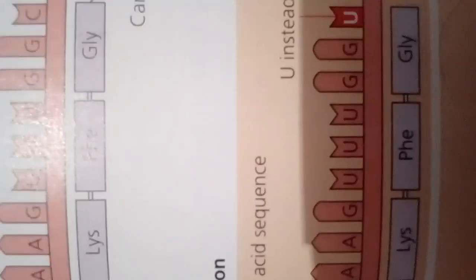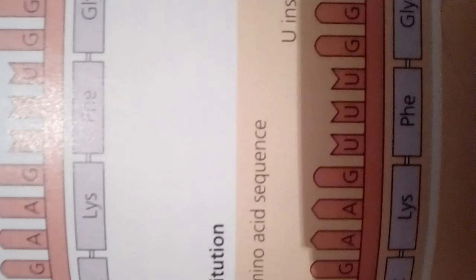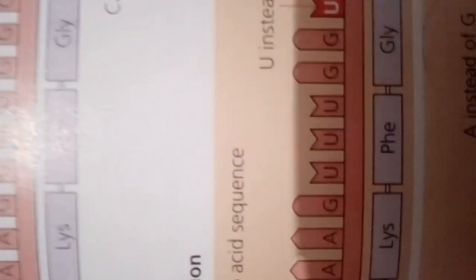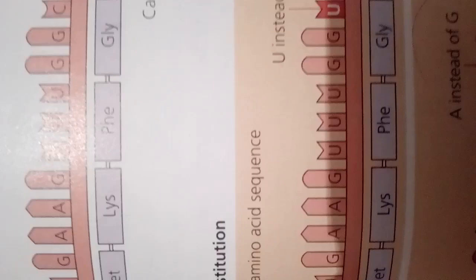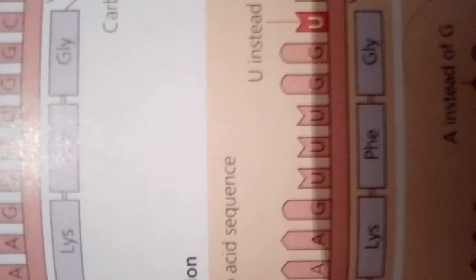Some substitutions are called silent mutations because, owing to the redundancy of the genetic code, they have no effect on the encoded protein. In other words, a change in a base pair may transform one codon into another that is translated into the same amino acid.